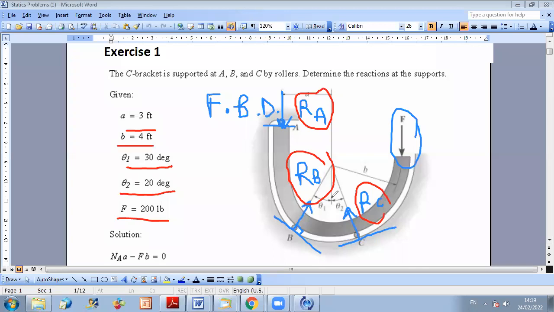As I told you before, you can have a variety of equations, or you can write sum of x equals to 0, sum of y equals to 0, and the third relation will be a moment about any point that is convenient, that will simplify the equation, equal to 0.